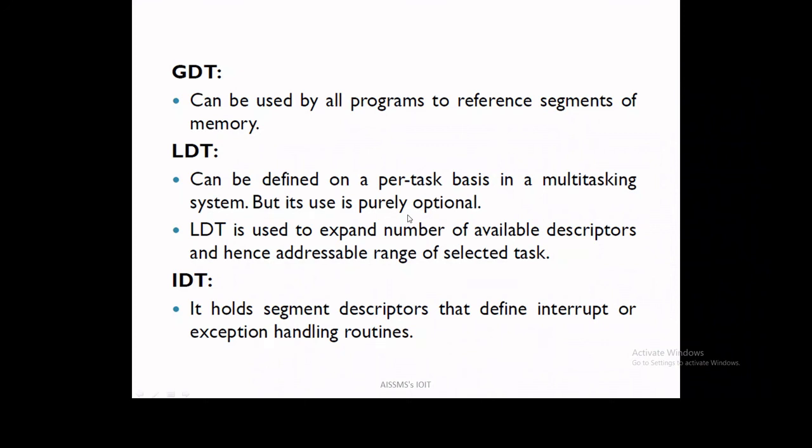The global descriptor table has all 1 lakh task descriptors or segments. Likewise, the GDT has all the segment descriptors, but the active descriptors are in the local descriptor table. You can say that the local descriptor table is a part of the global descriptor table, which is currently active at that particular time. And the IDT holds the segment descriptors that define the interrupt or exception handling routines.